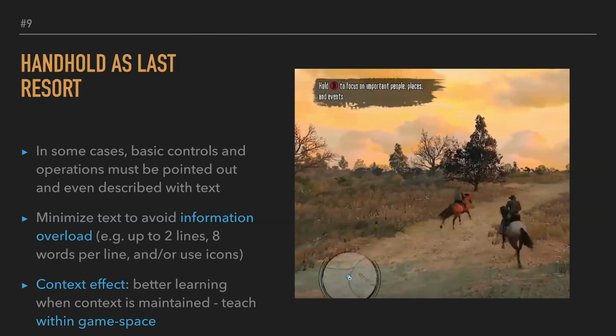You know, the usual numbers are 2 lines up to 8 words per line. Even in a game where you make the player go through the path themselves, they still need to get some information, for example, about controls.